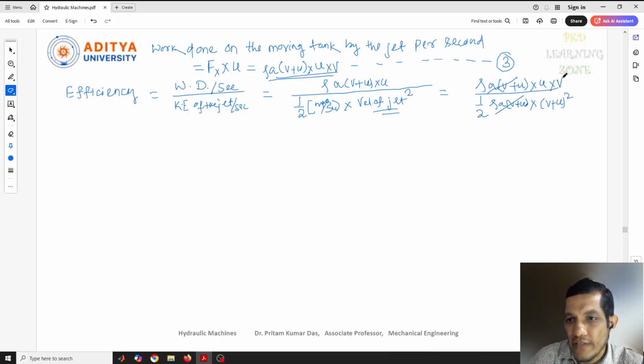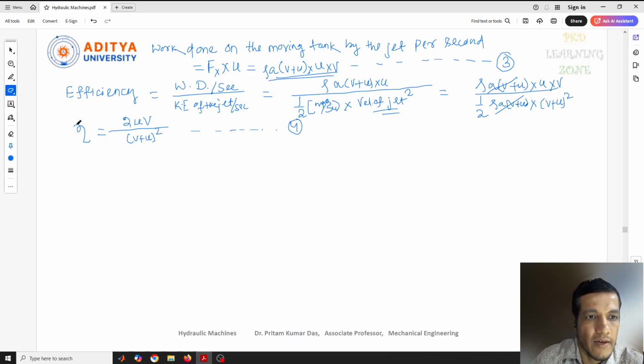Here one more V is there. The denominator 2 I can take to the numerator, so you can write this as 2 small u capital V divided by V plus U squared. This one again we can give equation number 4. This is our efficiency, and this is our work done.